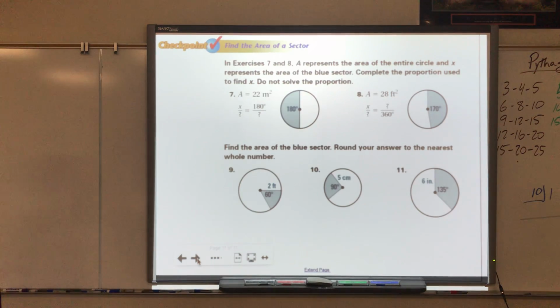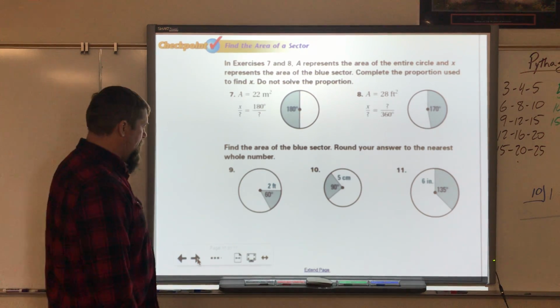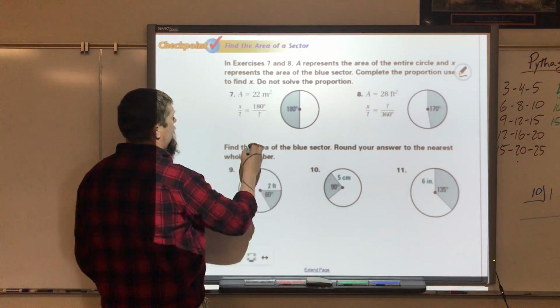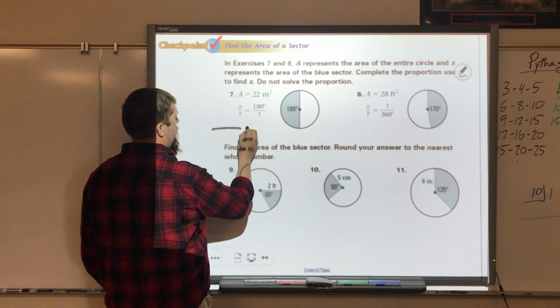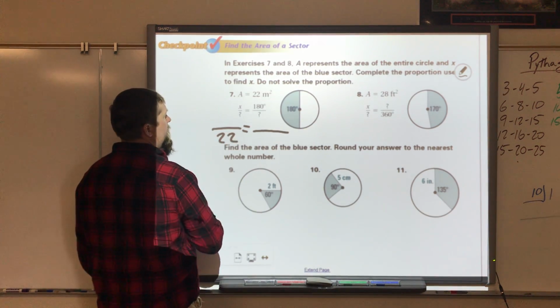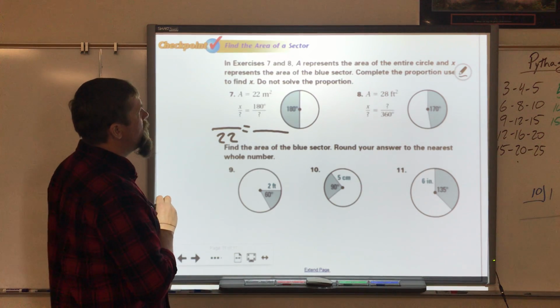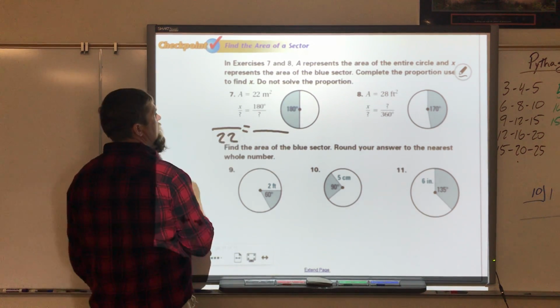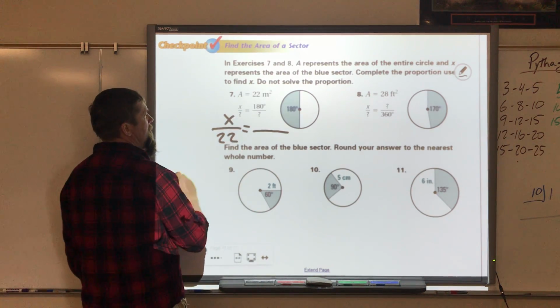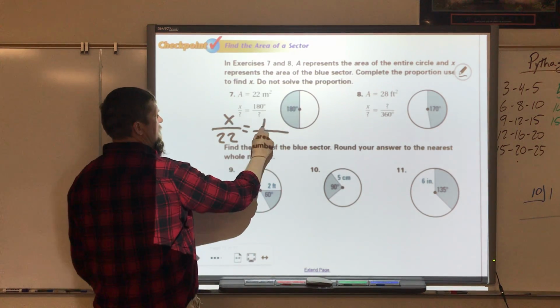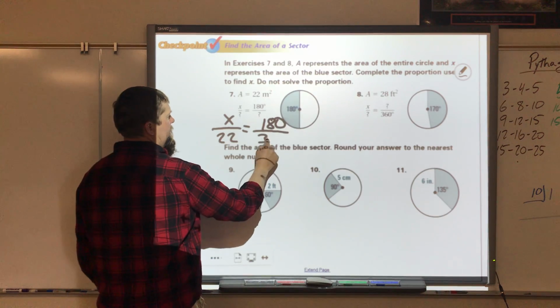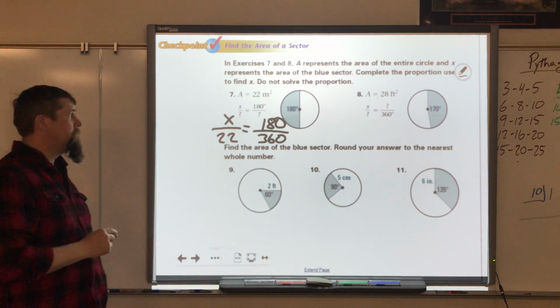Okay, so here we've got, it says A represents the area of the entire circle, which is 22. We don't know this. We know the degree of the sector is 180 out of 360.